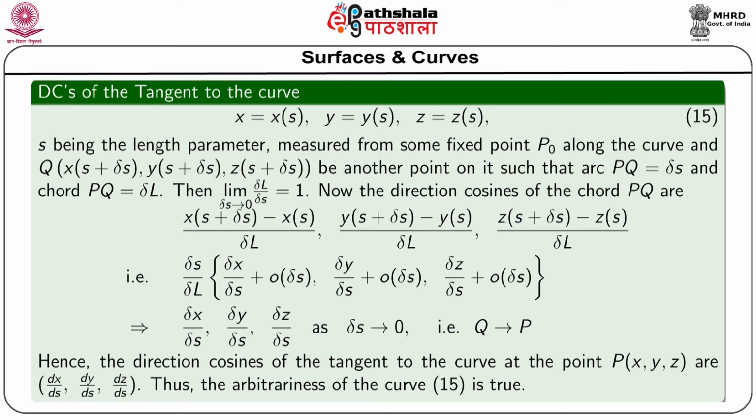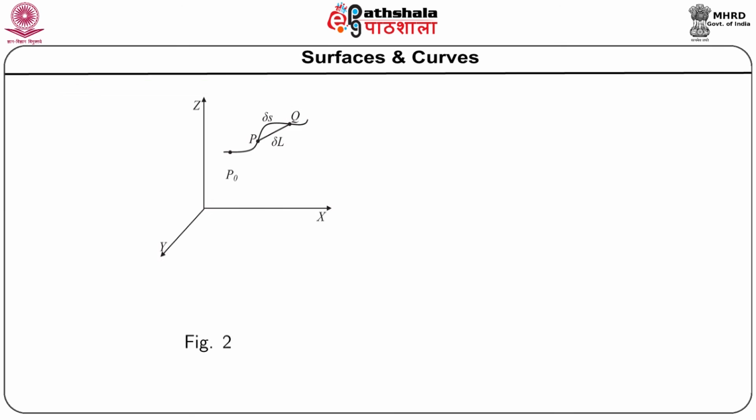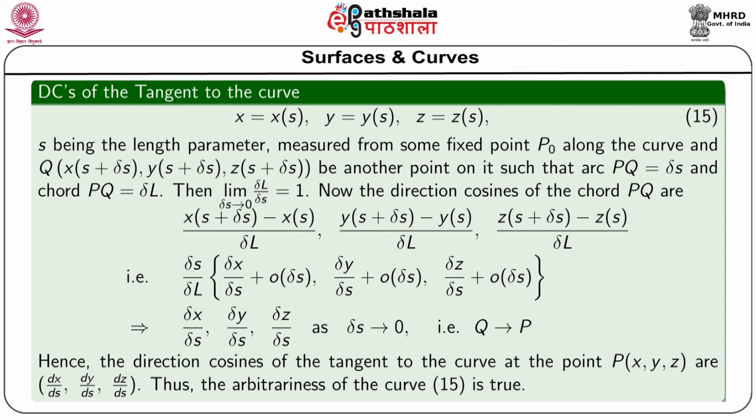Now, think about the direction cosines of the chord PQ. Since Q has the coordinates x, y, z with parameter value s plus delta s and P has coordinates with parameter value s, the direction cosines of the chord PQ can be written in this form.